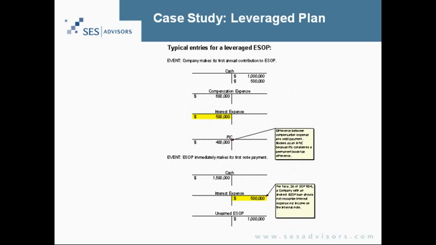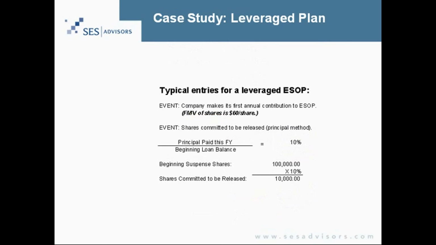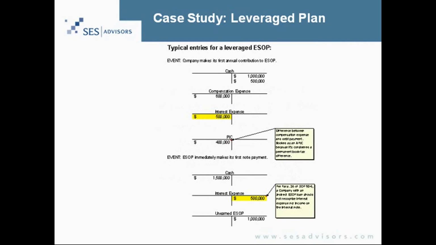Well, we're recording compensation expense, and our compensation expense is the fair market value of the stock that we're allocating. Shares committed to be released in our example, 10,000 here. So we're taking 10,000 shares at $60. We're recording $600,000 in compensation expense.